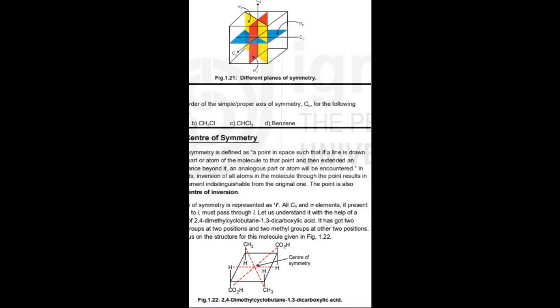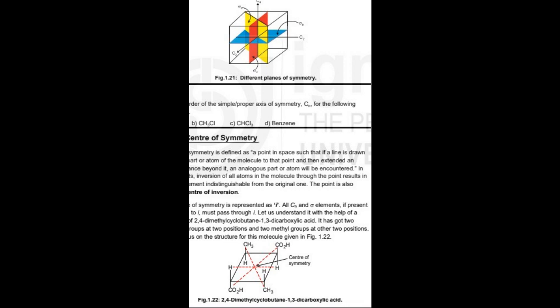On doing so, we meet another carboxyl group after the same distance. When we start from the hydrogen, move through the center point and extend this line beyond, we meet another hydrogen. Similarly, for the methyl group, we find that after an equal distance, passing through this point, we get a methyl group.